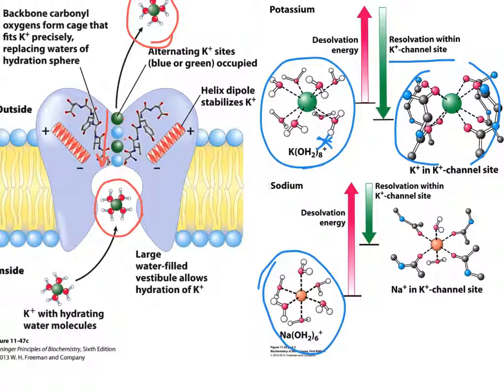However, since the sodium ion is much smaller than potassium, you don't get maximal resolvation when that sodium ion binds to the potassium ion binding site. Therefore, this favorable resolvation energy that we regain isn't sufficient to overcome all of that desolvation energy we lost upon removal of the water molecules. And therefore, you're going to see much higher selectivity of the channel for the larger potassium ion compared to the sodium ion.